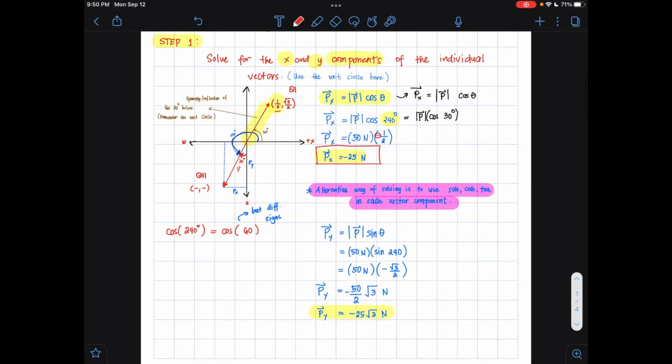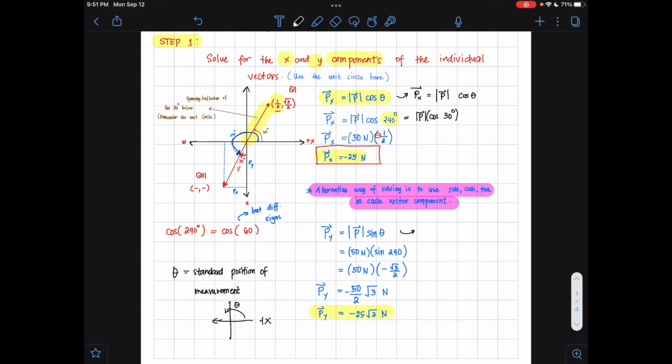Now, for the y component, we are still dealing with the same vector, the vector p. If you are interested in getting the y component, as I mentioned in the class previously, as long as our theta, our condition, is a standard position angle, meaning you started measuring from your positive x, this is your positive x, this is your angle theta.